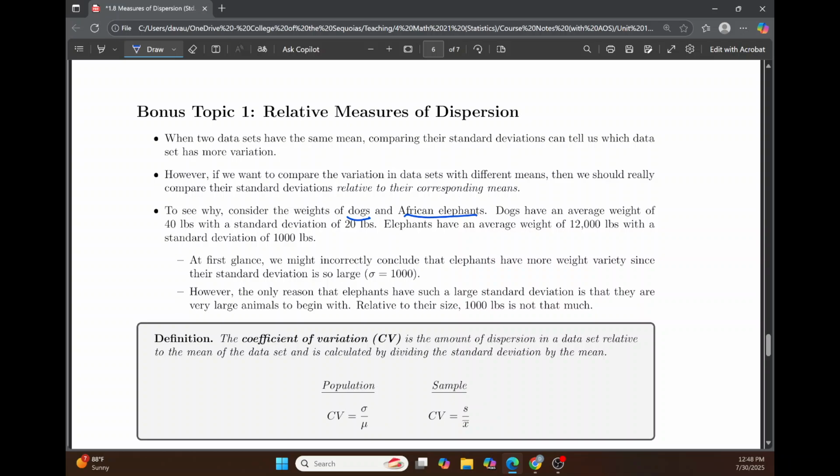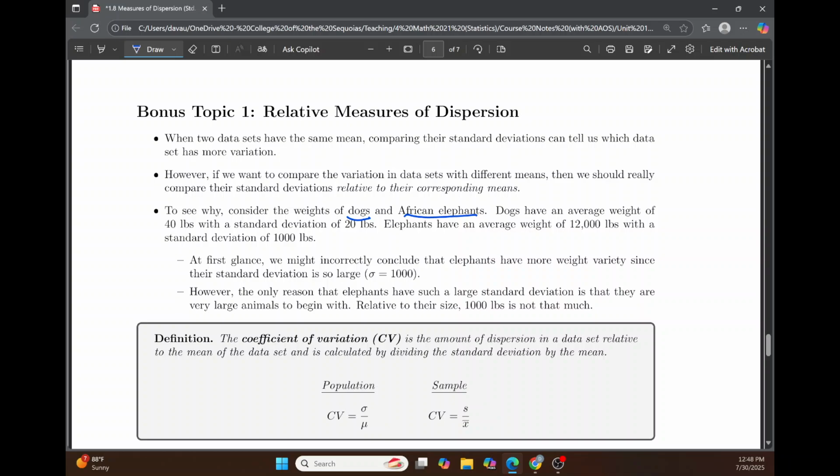There are really small breeds like Chihuahuas, and very large breeds like Great Danes. African elephants, on the other hand, if we're talking about adult male African elephants, there's not going to be as much variety. Sure, there's some variation in their sizes, but they're relatively close to the same size.